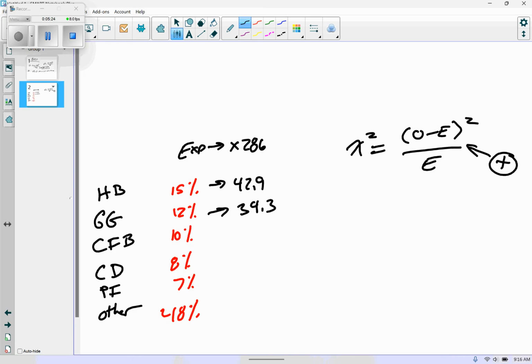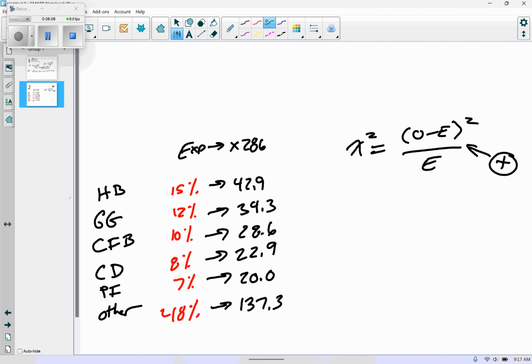And 286 times 0.10 is going to give me 28.6. 286 times 0.08 is going to give me 22.9, rounding to one digit. 286 times 0.07 gives me 20.0. And 286 times 0.48 is 137.3. Those are our expected values converted from the percents into what we'd expect if we had these 286 sales.